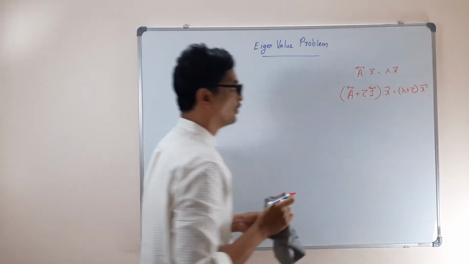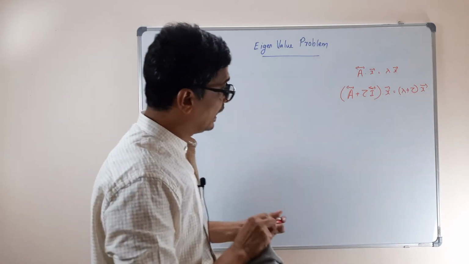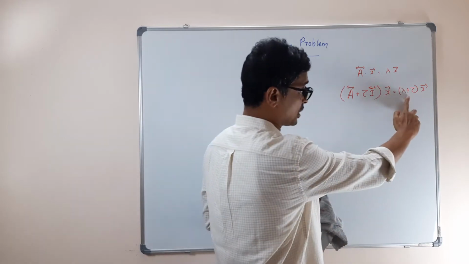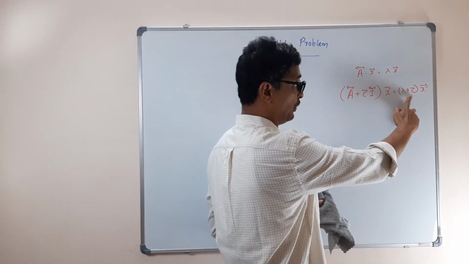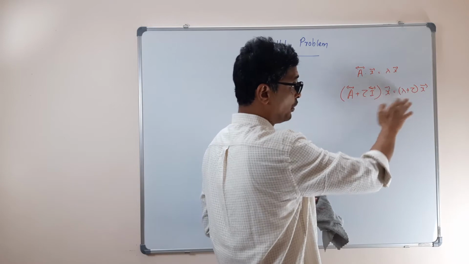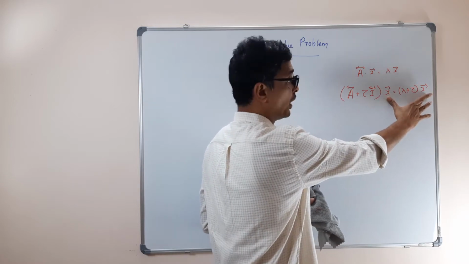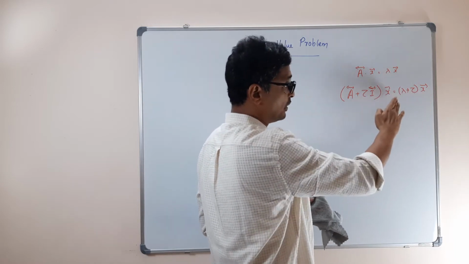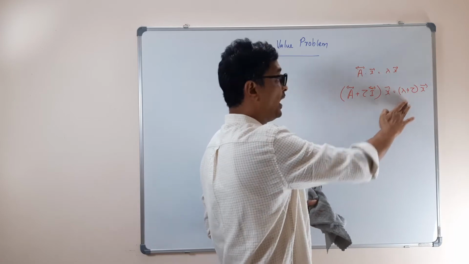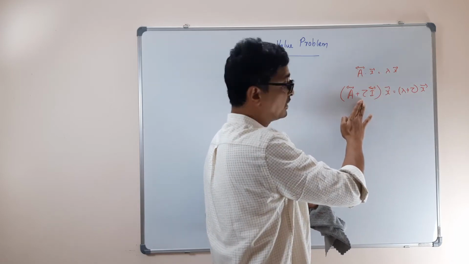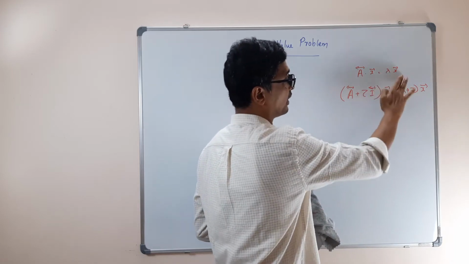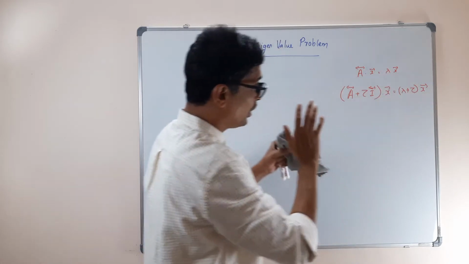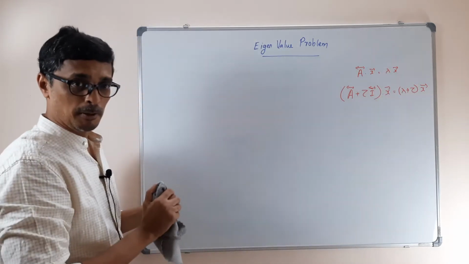So what we found is that adding any constant changes the eigenvalues and the corresponding matrix, but your eigenvectors remain the same. So we can use this property.